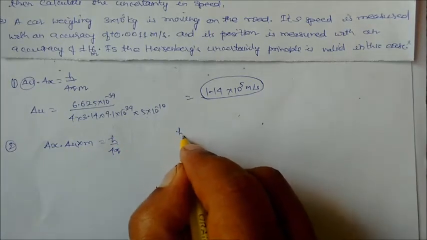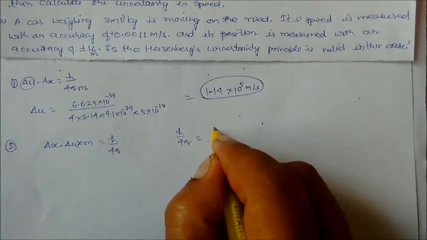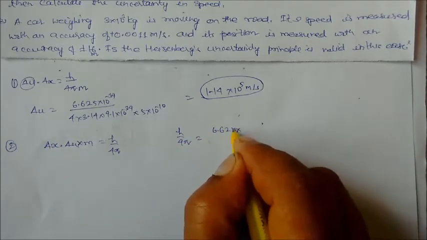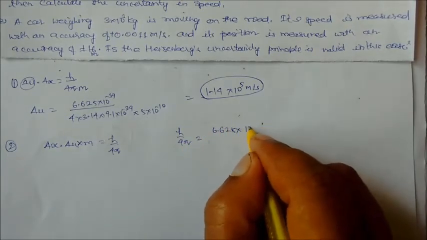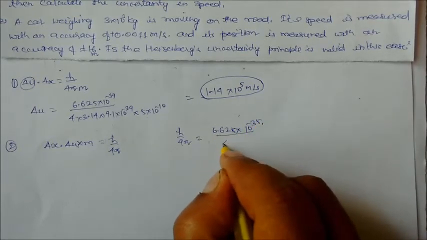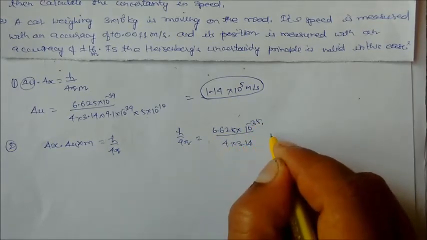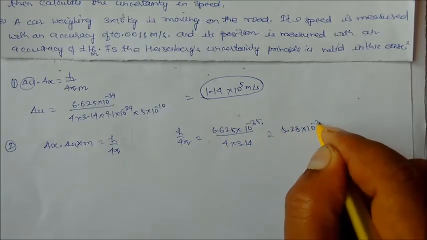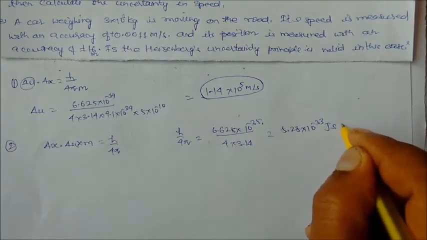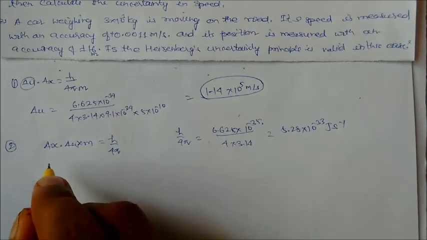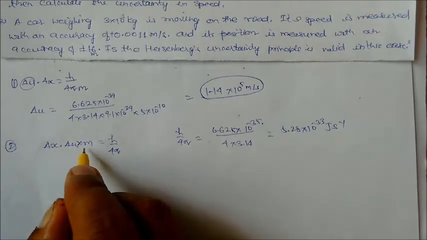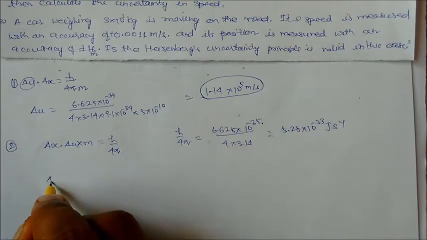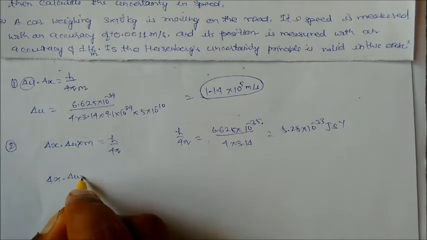So h by 4 pi is equal to how much? 6.625 multiplied by 10 to the power minus 34 divided by 4 into 3.14. This will give you 5.28 into 10 to the power minus 35 joule second. Now what is delta x into delta u into m?